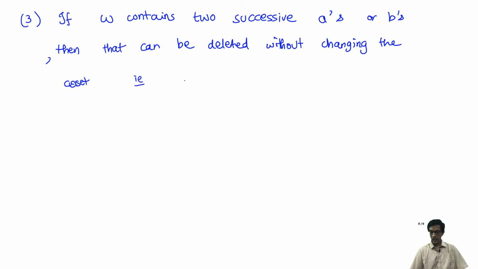In other words, more formally, if w looks like w1 a a w2, then the coset of w is the same as the coset of w1 w2, as I have deleted the a's from it. Why is this?